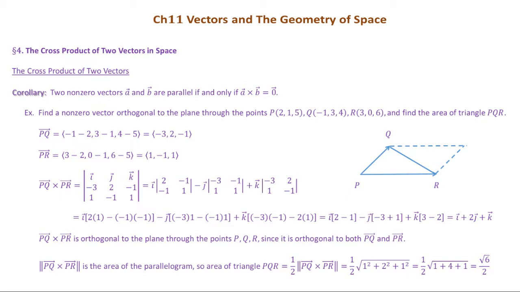So you get the square root of 6, and then multiply by half, you get square root of 6 over 2. So the area of the triangle PQR is just square root of 6 over 2. All right? So it's very convenient to use the cross product in geometry.